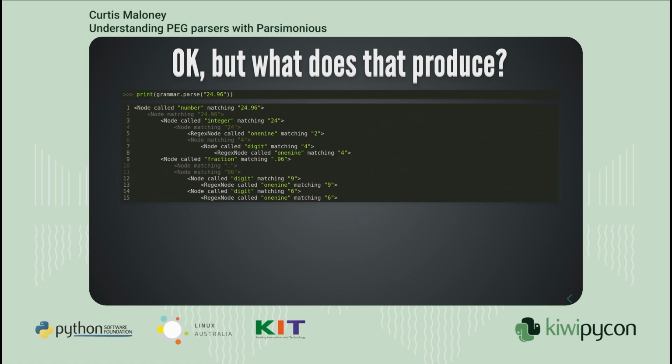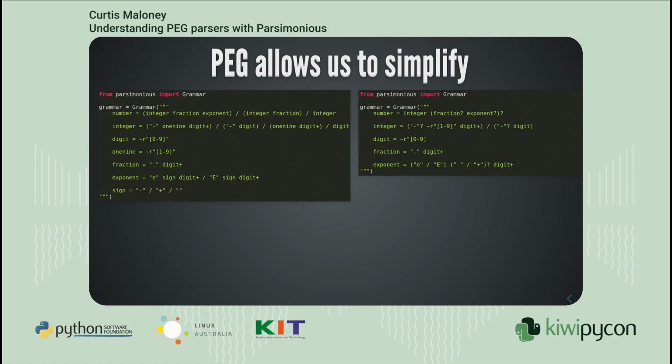One of the advantages of PEGs, because that's merely a literal translation from the EBNF, is we can actually simplify this somewhat. Instead of saying we've got three different ways of describing the number, a number is an integer, and then it may be followed by a fraction, or it may be followed by a fraction and an exponent.